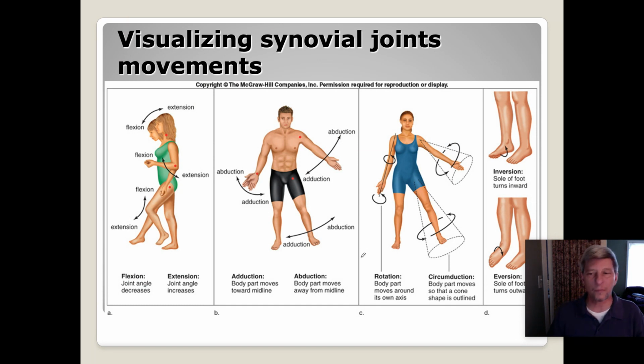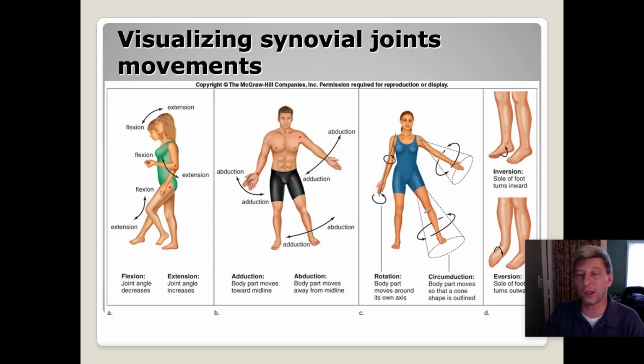So this is a nice little diagram showing some of the various movements. You've got flexion and extension of your arm and your leg, and even your neck in this case. Abduction and adduction here. Abduction moving away, adduction moving toward.